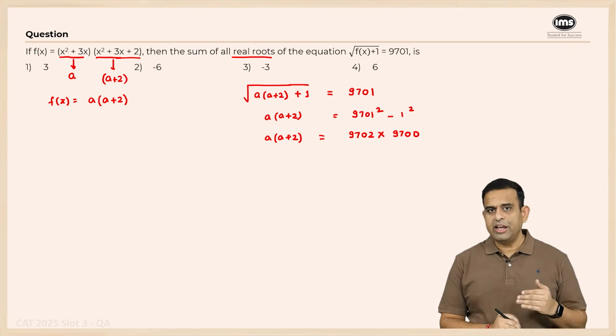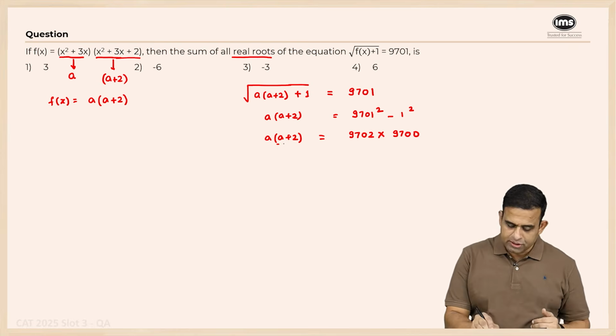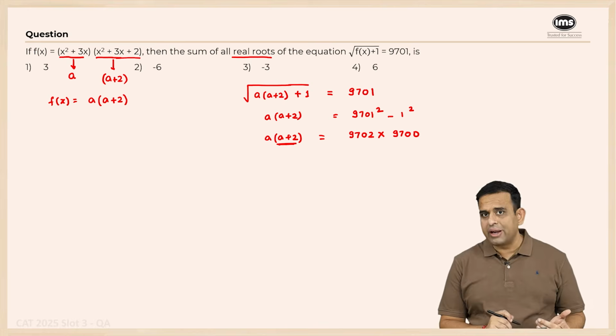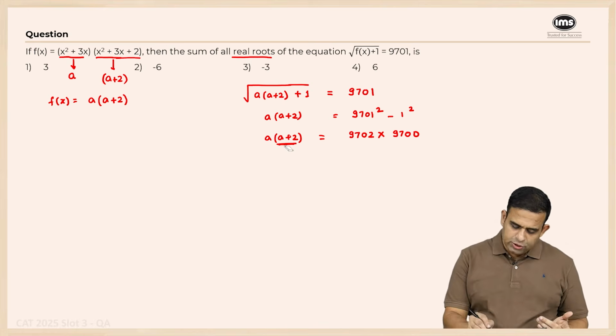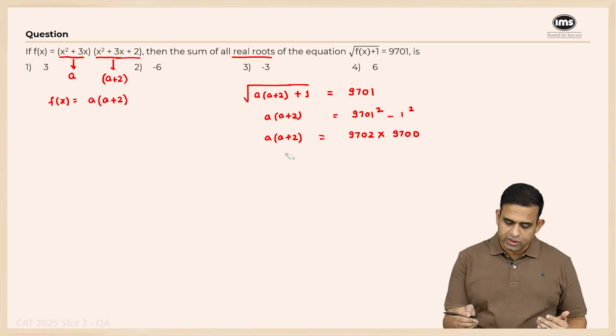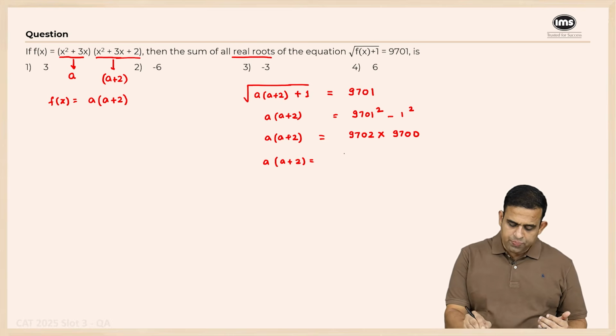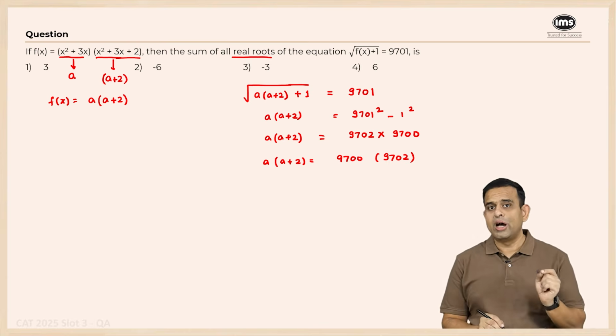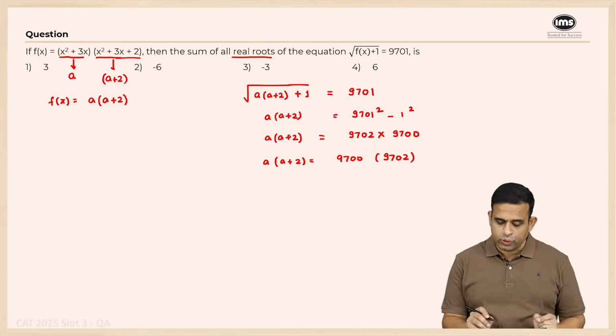And as we know that a into a plus 2, this number is 2 more than the first bracket, which is a. So what is the possible option? In this particular case, I can write them in this manner: a into a plus 2 to be 9700 into 9702, where 9702 happens to be 2 more than 9700.